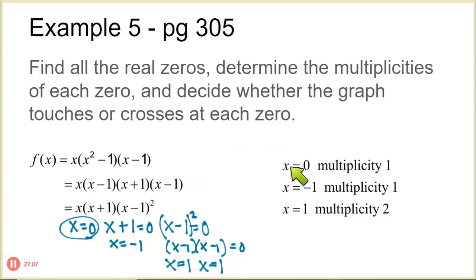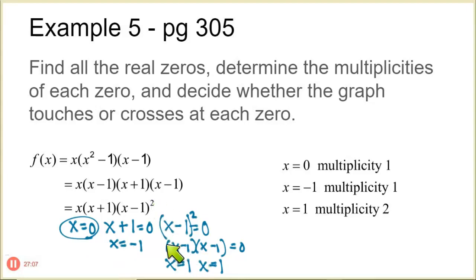So this x equals 0 is only represented once in the polynomial function, so it has a multiplicity of 1. This x equals negative 1 is only represented once in the polynomial function, so it has a multiplicity of 1. And then this x equals 1 has a multiplicity of 2 because it's represented twice in the polynomial function. You don't have to really solve it to get that. You can look at the degree.